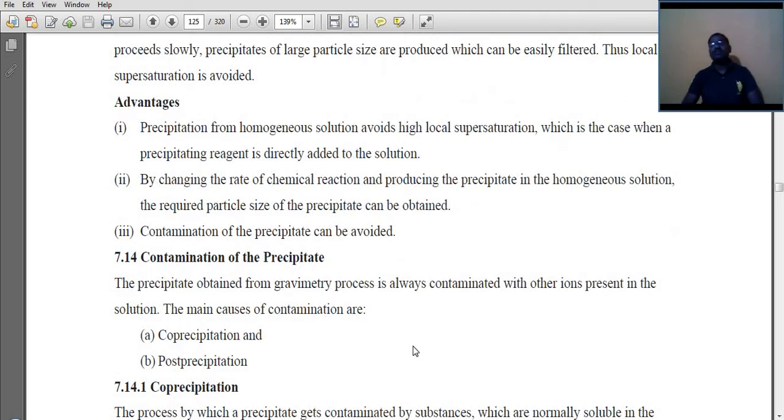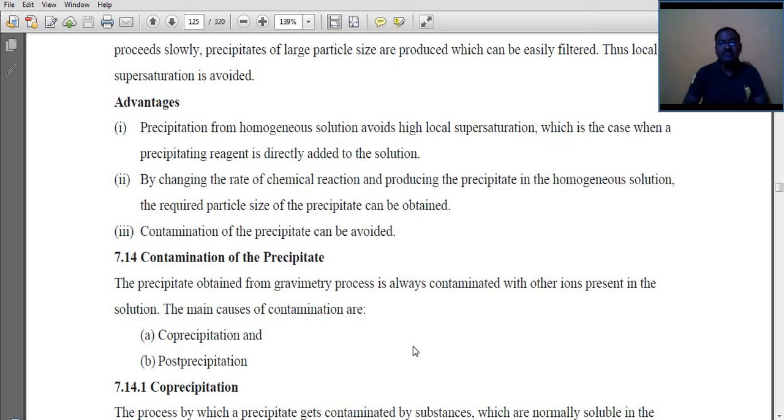Precipitation from homogeneous solution avoids high local supersaturation, which is the case when a precipitating reagent is directly added to the solution. By changing the rate of chemical reactions and producing the precipitate in the homogeneous solution, the required particle size of the precipitate can be obtained.